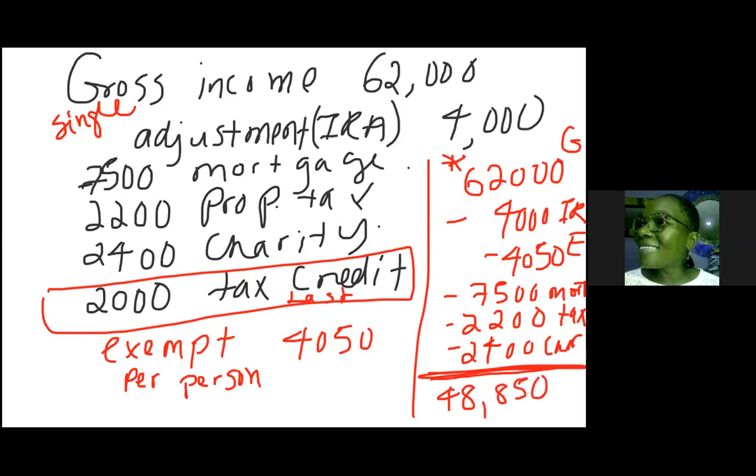That's the amount of money that this person is going to pay taxes on. Doesn't this look much better than the 62,000? That is the point of all of this, guys. When you're itemizing your deductions, when you're contributing money to the IRA, you want to reduce this amount to the lowest possible amount so you can pay the least amount of taxes.